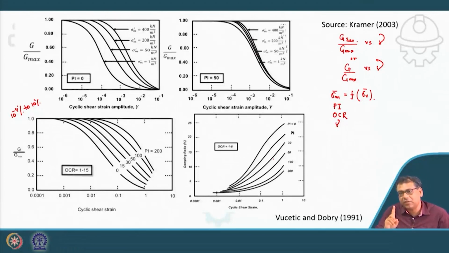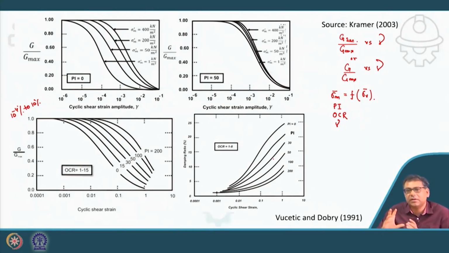So remember one more thing, that's why I want to mention that in some cases you are doing, say, small scale tests, and you are using this equivalent nonlinear model, and you have developed the G by G max curve for your own soil by doing a triaxial test. But suppose in your model tank the confining pressure or effective overburden pressure is very low, and most of the time it is not possible to conduct that triaxial test under such low confining pressure.